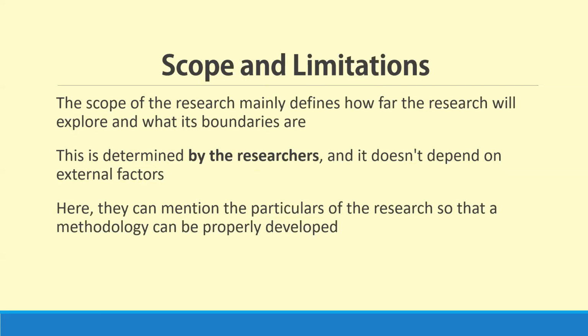Those things are defined under the scope of the research. When you define these at the beginning, then people can't question you, because you have told them the boundary that you are going to work within.